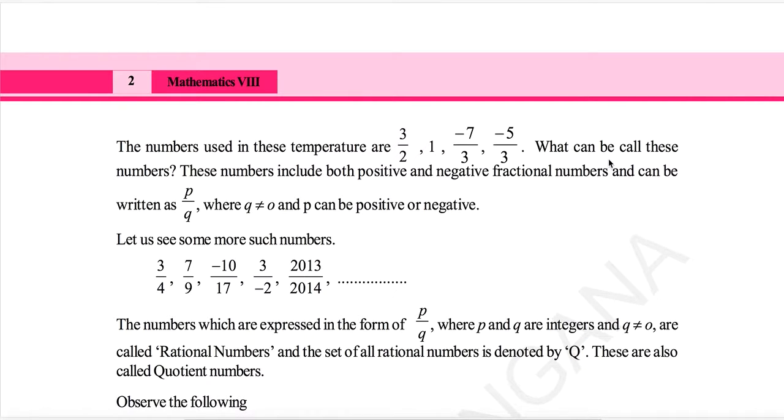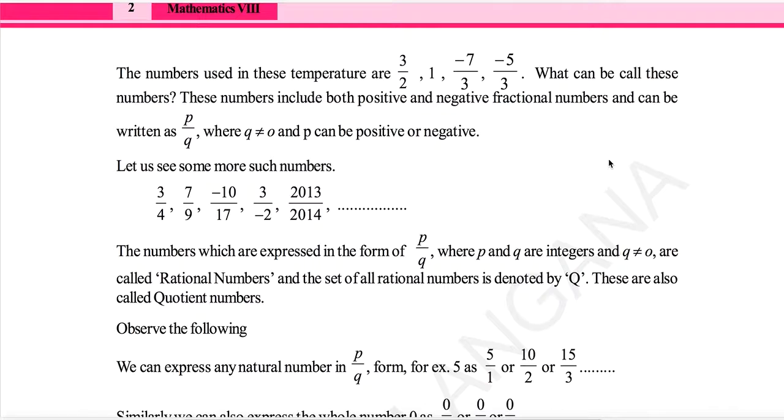What can we call these numbers? The numbers include both positive and negative fractional numbers and can be written in p by q form, where q is not equal to 0, and p can be a positive or negative integer.